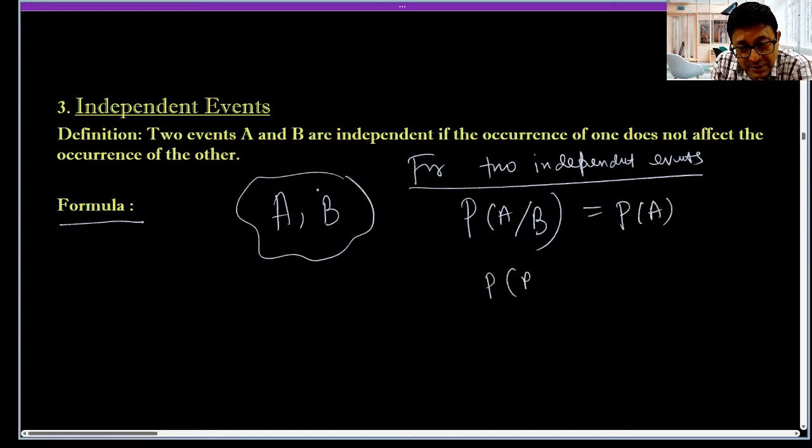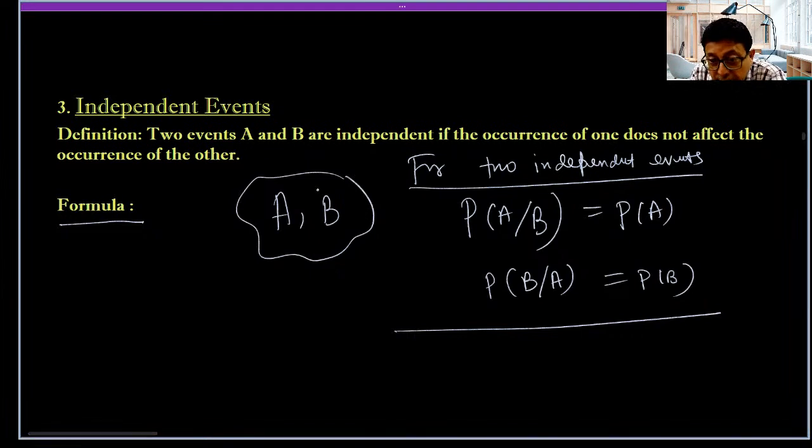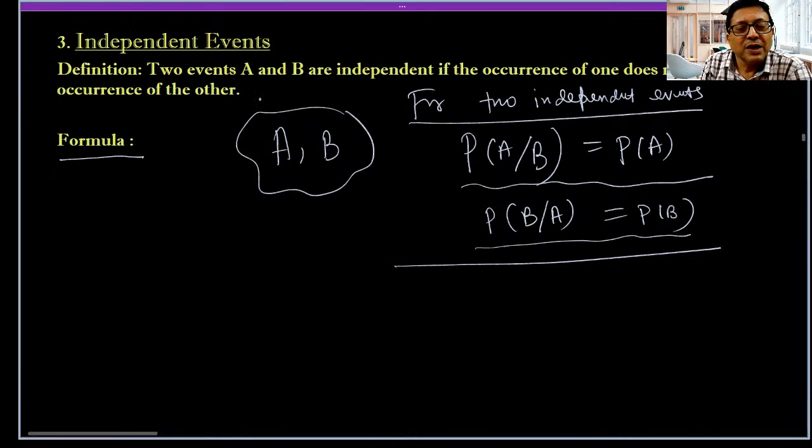And P(B|A) will be equal to P(B). Clear? So this means P(A|B) will be P(A) and P(B|A) will be P(B). Clear?